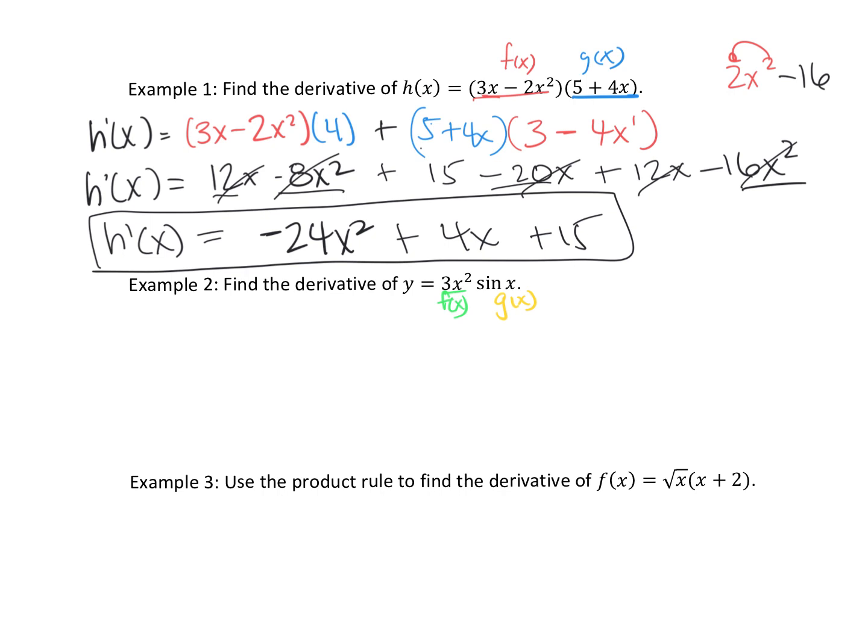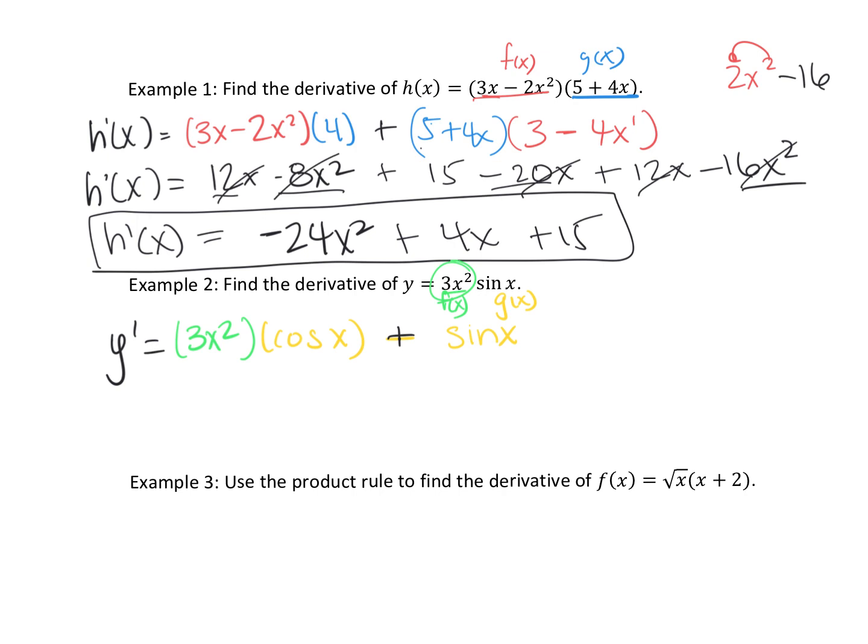So the derivative is y prime equals, so now I'm going to take the first, which is 3x squared, times the derivative of the second. Well, what's the derivative of sine x? Cosine x. Plus, we keep that one the same, so it's sine x times the derivative of the first.